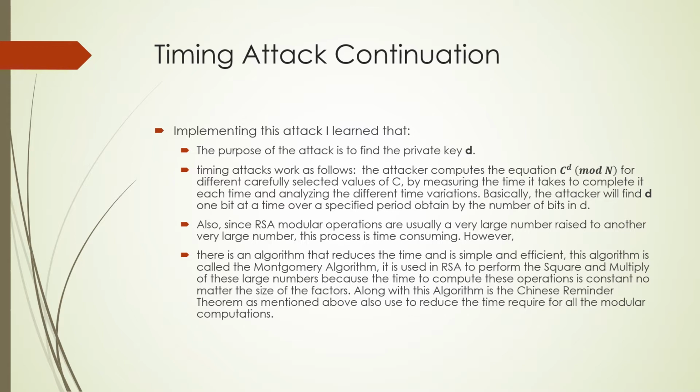The reason why it is used to do the square multiply within RSA, as well as the Chinese remainder theorem, is because the Montgomery algorithm maintains the time to compute these operations constant, no matter the size of the factors. So it could be the biggest factor you could ever think of, and the time would still be constant.